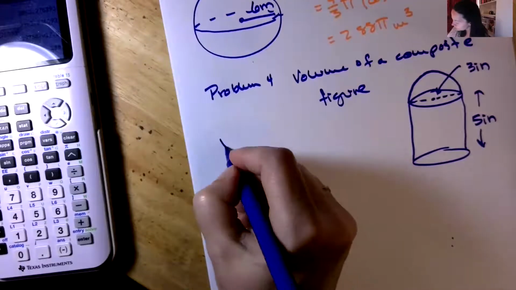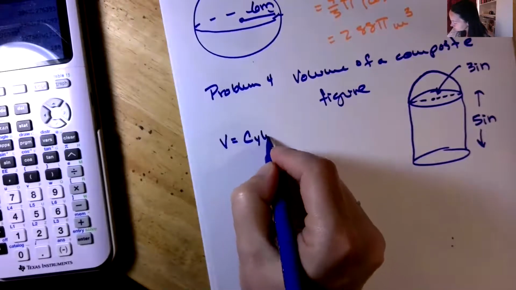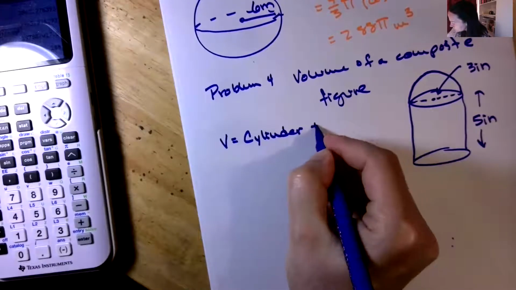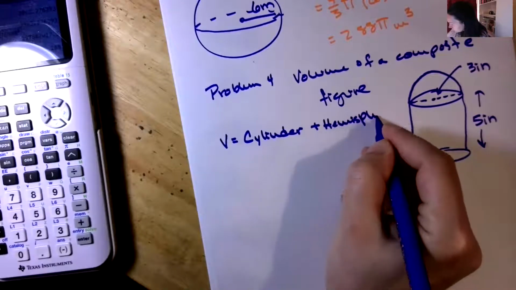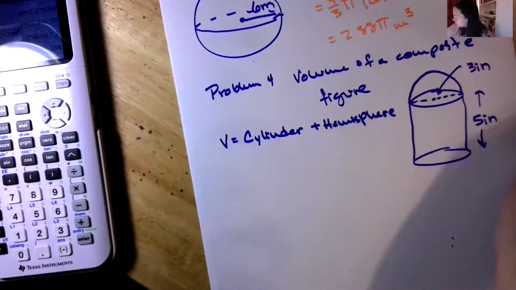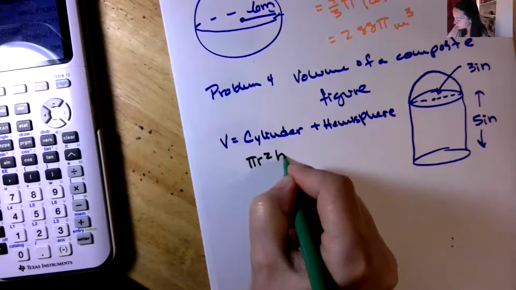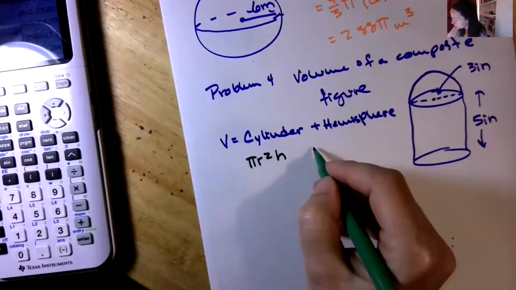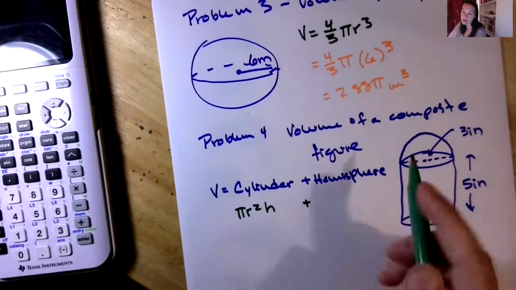All right, so our volume is going to be equal to a cylinder plus a hemisphere. Okay, so the volume for a cylinder is pi r squared times the height. And the volume of our hemisphere is going to be half the volume of our sphere.